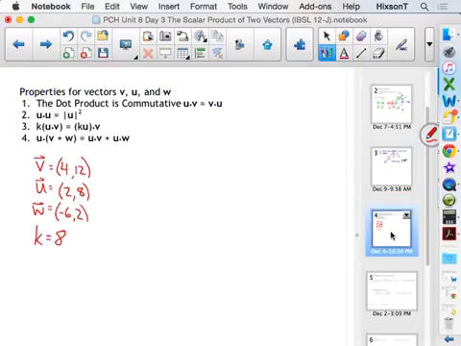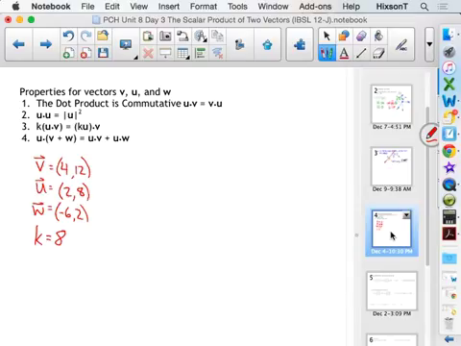Let me just remind you of some properties here. I'm not going to go through a bunch of examples because we saw these properties when we were dealing with two-dimensional vectors. The dot product is commutative, so order does not matter. U dot v is the same as v dot u.